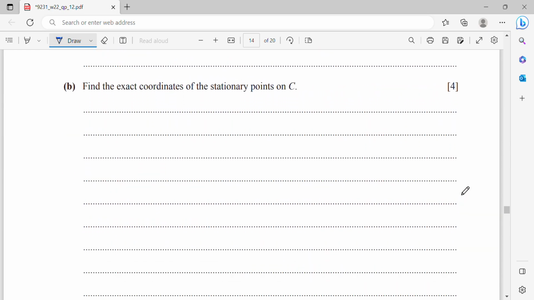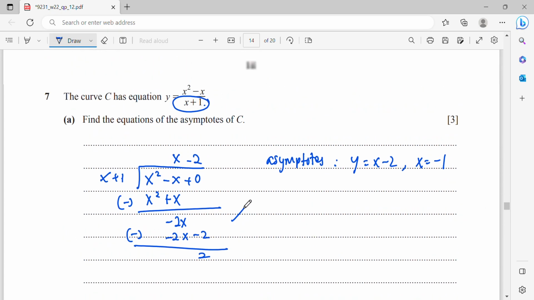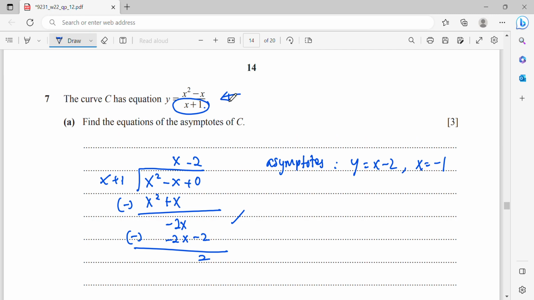Now, B, find the coordinates of the stationary points on C. So for stationary points, you can either use the division or you use the original function or original equation to differentiate. Okay, so to avoid any mistakes, you may always consider the original function or equation.